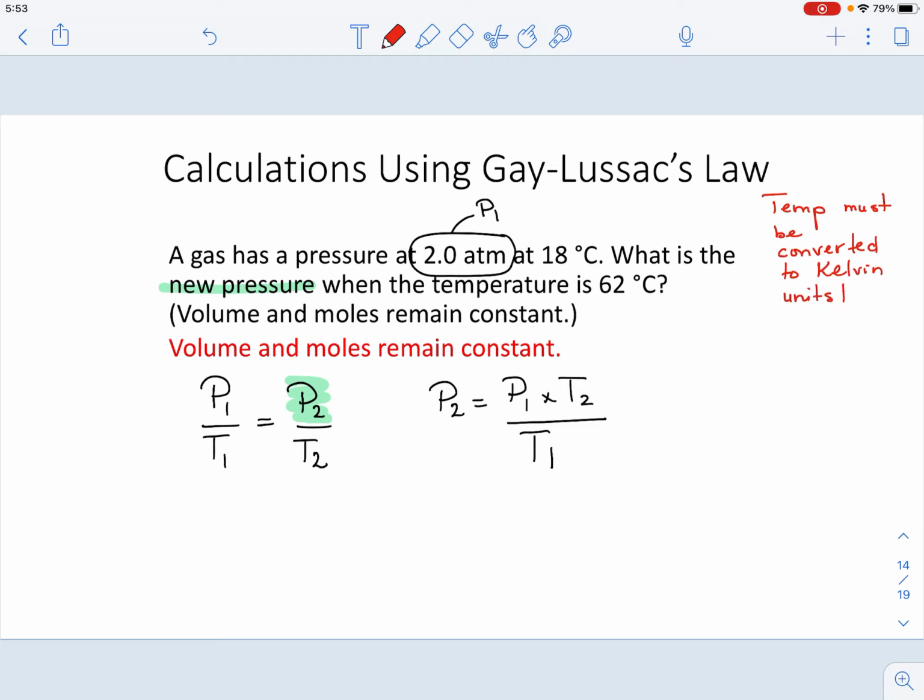So understand that this 18 Celsius, we need to change to Kelvin units. Remember, temperature in Kelvin equals Celsius plus 273. So when we take 273 and we add it to 18, we get 291 Kelvin. As you can see, the other one is 62. 62 plus 273 is going to be 335.